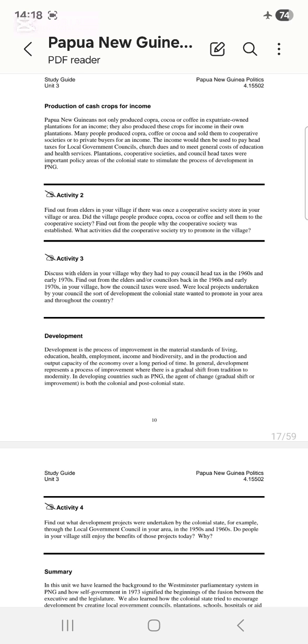All right, so Papua New Guineans not only produce copra, cocoa or coffee in expatriate-owned plantations for an income, they also produce these crops for income in their own plantation. Many people produce copra, coffee or cocoa and sell them to cooperative societies or to private buyers for an income. All right, so this first sentence or first two sentences here.